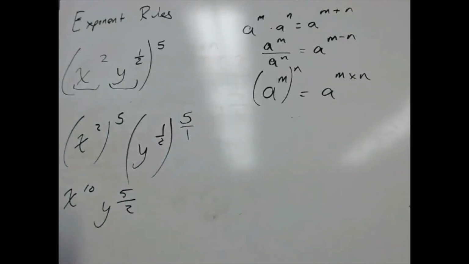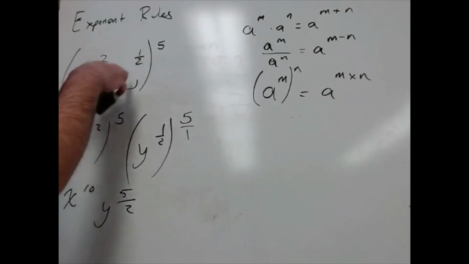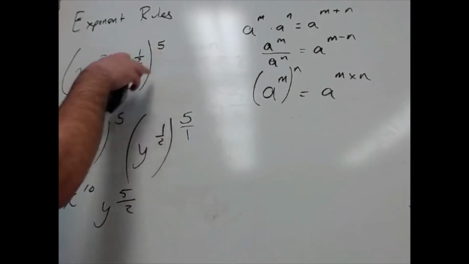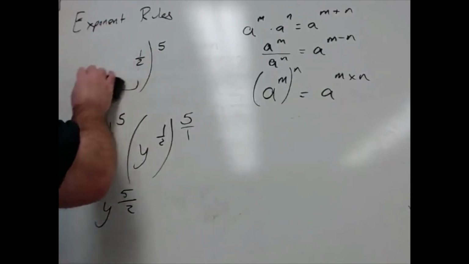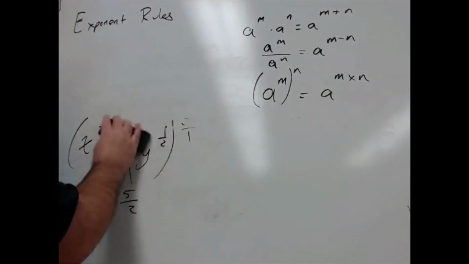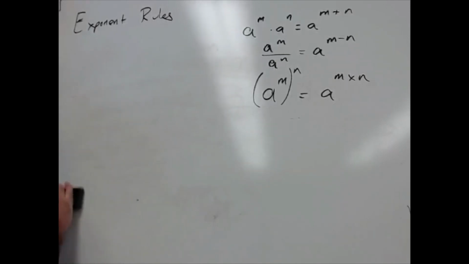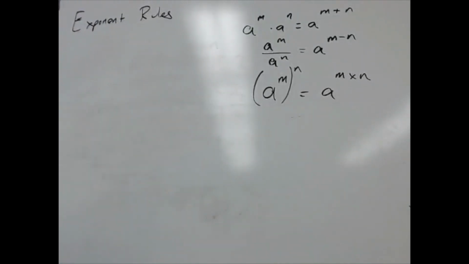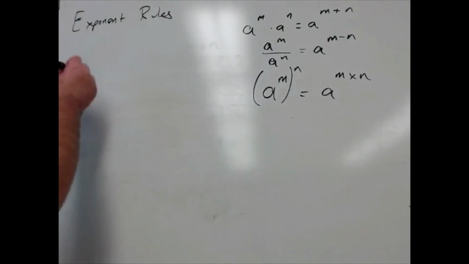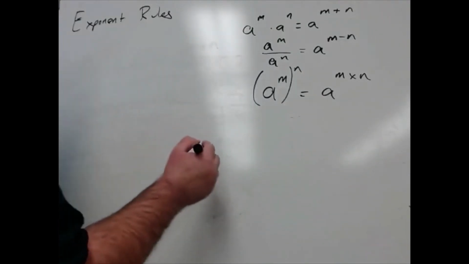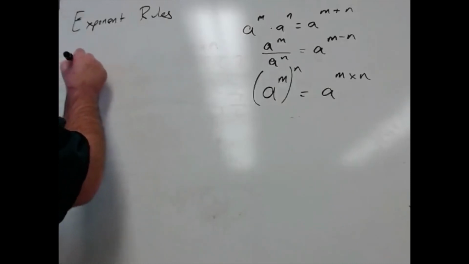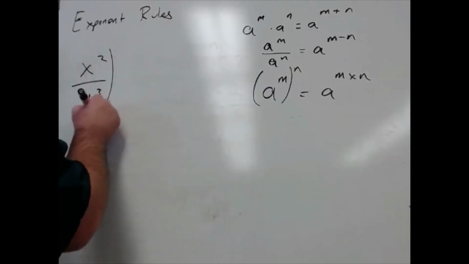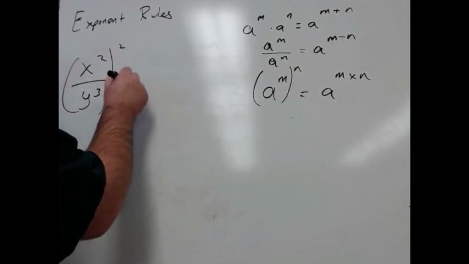Anytime you have whatever is inside of here, it doesn't matter what this is, if it has an exponent outside of brackets, everything that's inside the brackets has to get that exponent. It doesn't matter if the terms were multiplied like that one just was, or if they are divided. So if I have, say, x squared over y cubed to the 2, both of these terms are going to get that exponent.